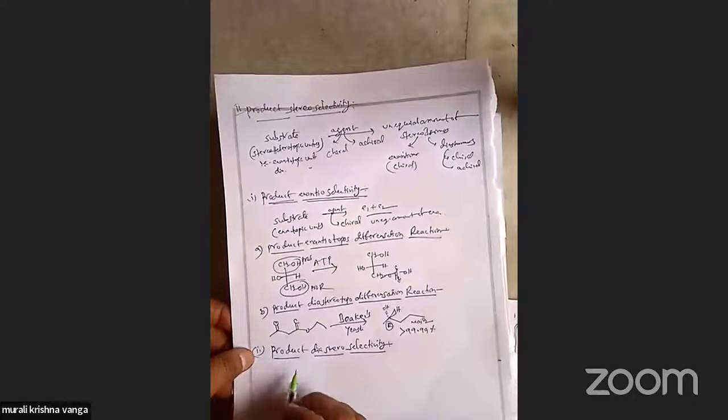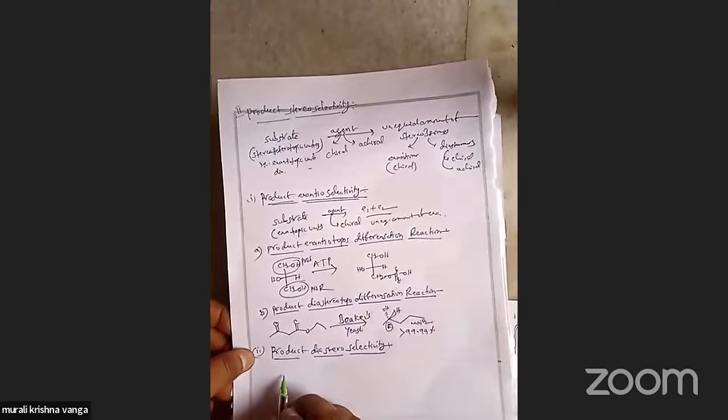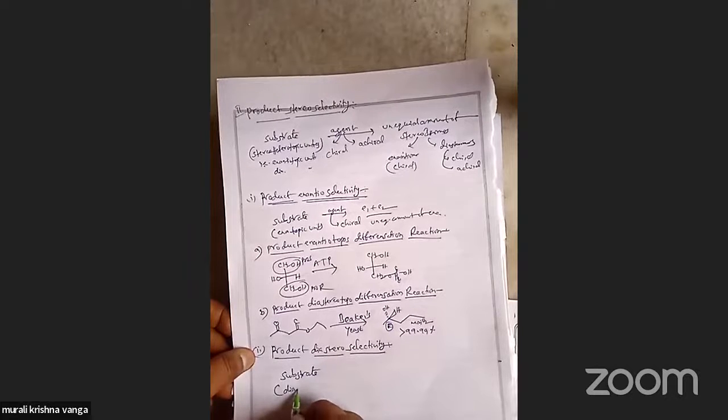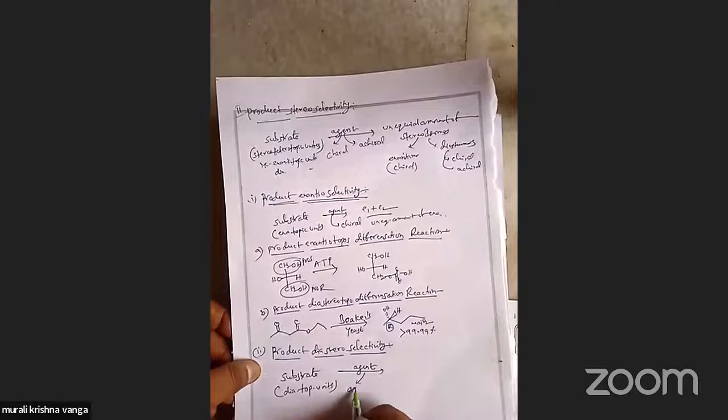Next one is product diastereoselectivity. In this product diastereoselectivity, the substrate must have diastereotopic units, when the attacking agent is maybe achiral or chiral, then gives unequal amounts of diastereomers as products.